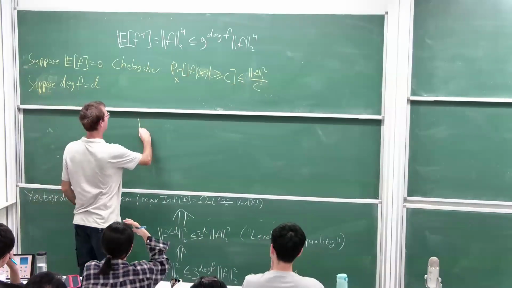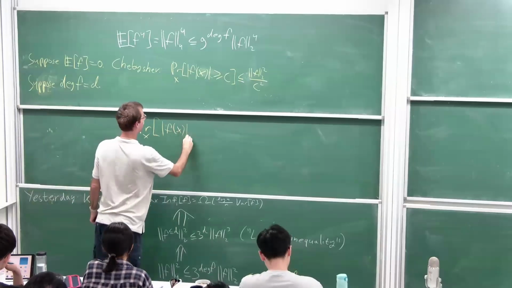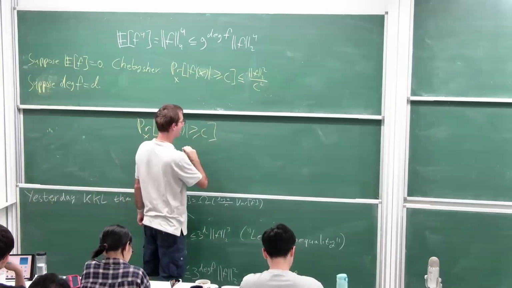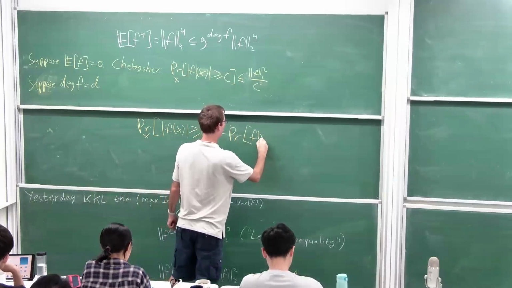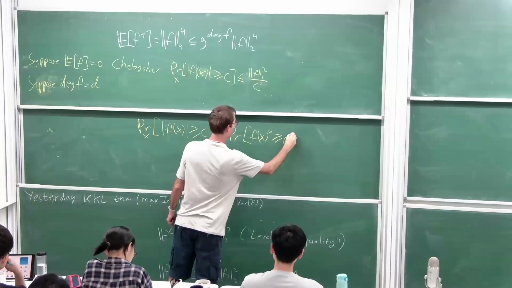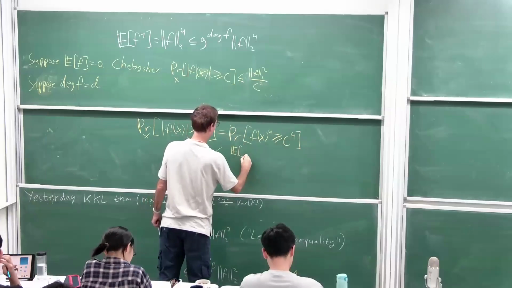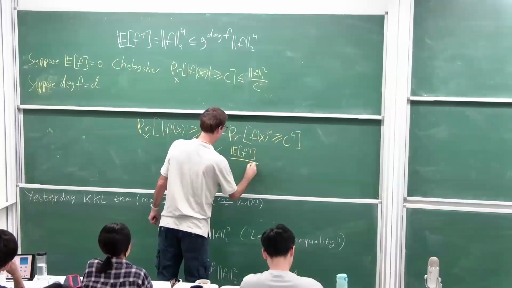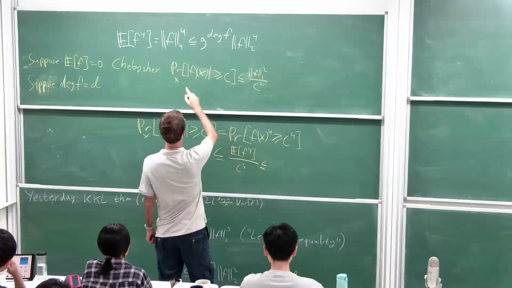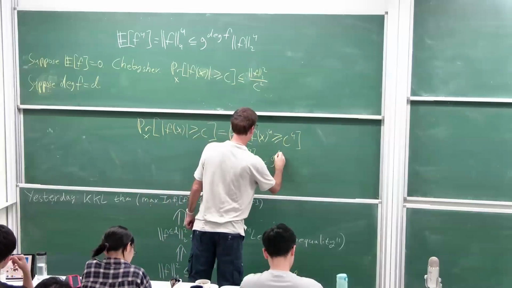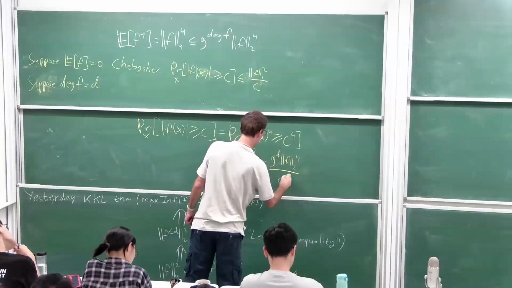Then the probability that f of x is greater than c, we do the same proof as the proof of Chebyshev's inequality. The probability that f of x to the 4 is at least c to the 4 is at most the expectation of f to the 4 over c to the 4, which is at most 9 to the d times the L2 norm of f to the 4 over c to the 4.